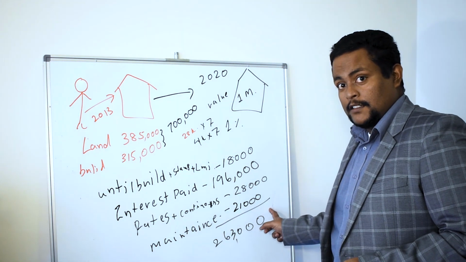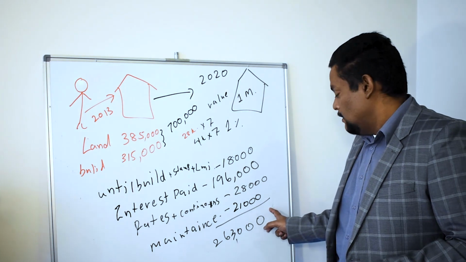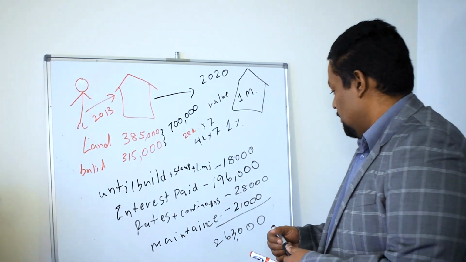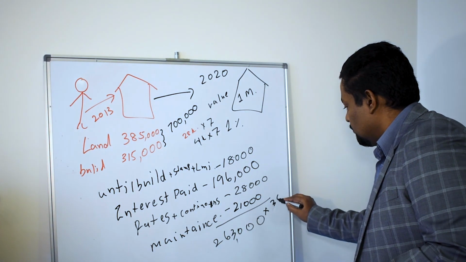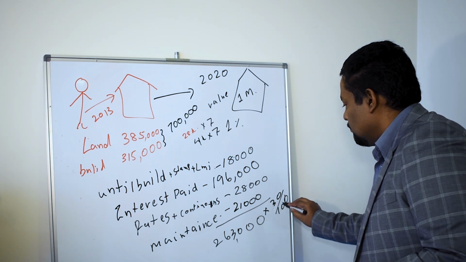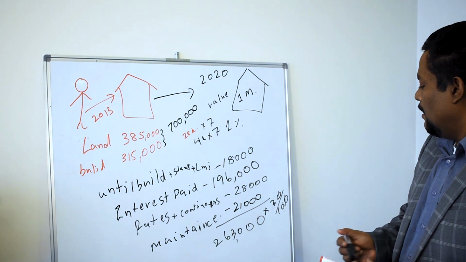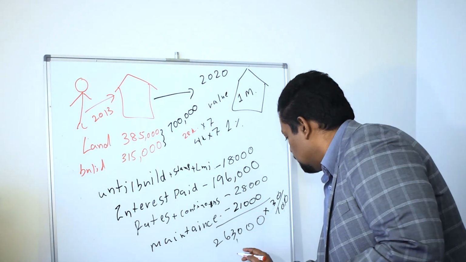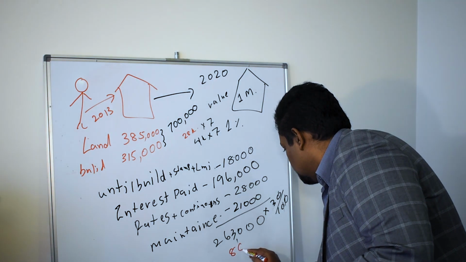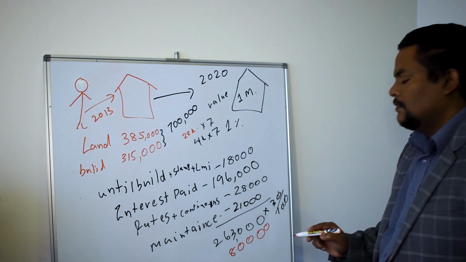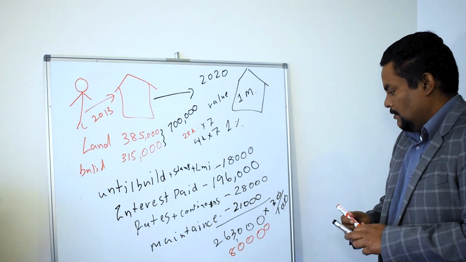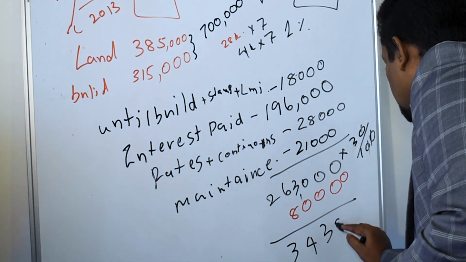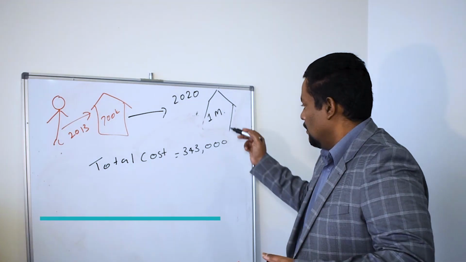You can't claim tax deductions like with investment properties. So you have to pay all this after tax. Let's say roughly another 80,000 in taxes. So the total cost is 343,000.